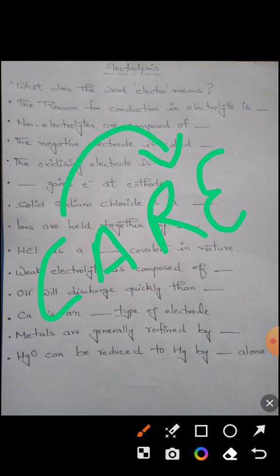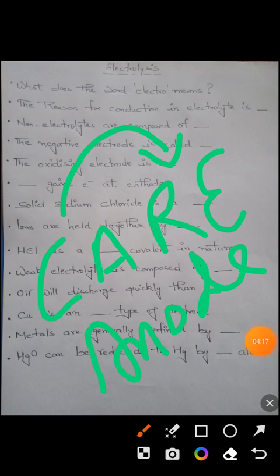So by the help of this word CARE, you can remember that cathode means reducing electrode, and for the oxidizing electrode the answer will be anode. This is the answer for this question. So you have to remember the word CARE. Cathode is a reducing electrode, and the converse of it, the oxidizing electrode, is your anode.